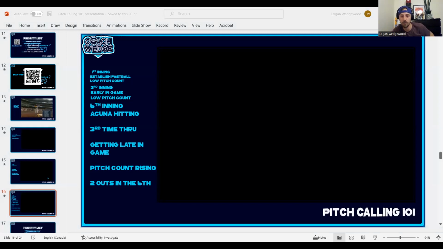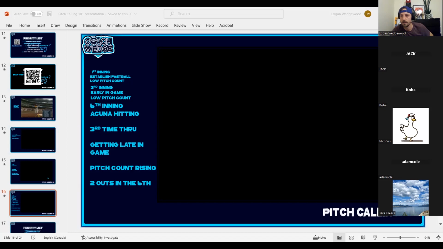A lot of sliders. Ooh, 3 sliders out of the gate. Okay, Jack. Oh, you got it? Good, Jack. Okay. A lot of sliders. Is anybody brave enough to unmute themselves and explain why they're calling a slider here? You don't have to.